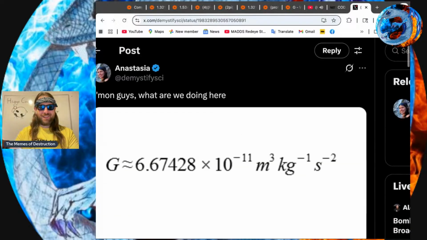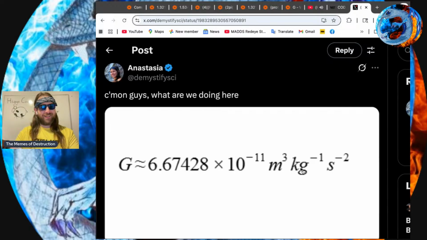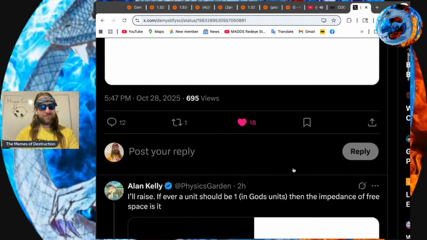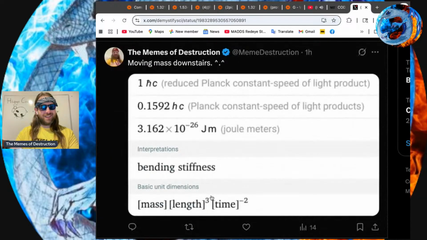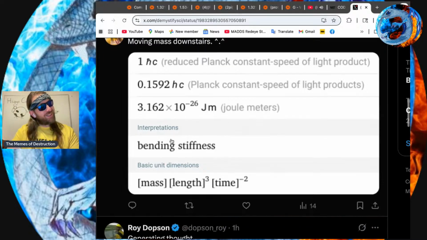Because meters cubed, divided by seconds squared, mass, or kilograms, is in the denominator. With hbar times the speed of light, you've got a volume divided by time squared, and mass is in the numerator. That's interesting. Why is it that hbar times the speed of light and the Newtonian gravitational constant is simply a matter of where mass goes? How very interesting. But I digress.